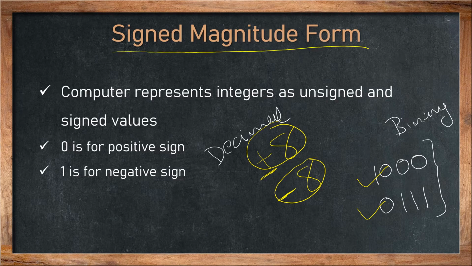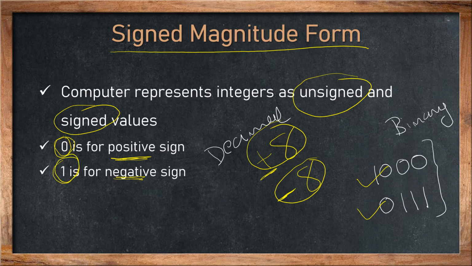So the computer represents integers as unsigned and signed values. If your binary number is positive, you write 0 before it, and if your number is negative, you write 1 before it. This is the first step towards binary arithmetic, so you should know this.